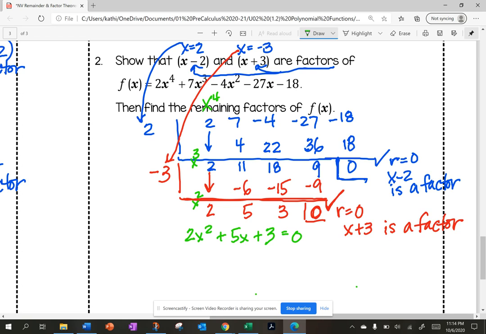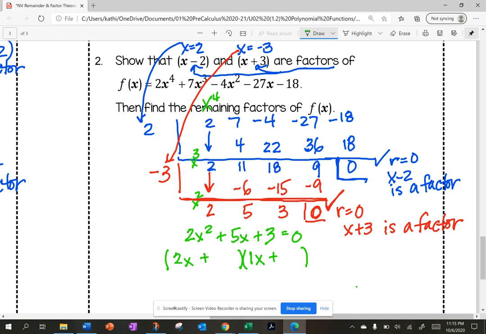So I want to know what are the factors of 2 and 3. So if I just do some guessing and checking here, I know the factors of 2 are 1 times 2, so I have a 2x and a 1x. I know from my plus 3 that my signs are the same. Since I have a plus 5x, I know both of my signs are positive.